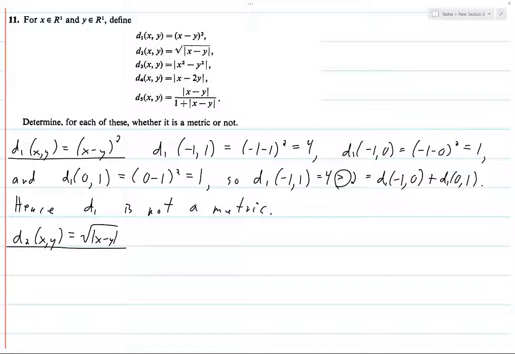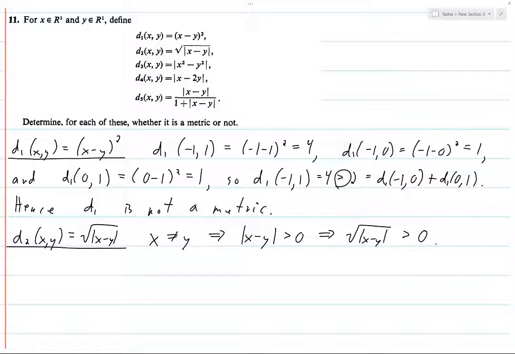If x is not equal to y, then the norm of x minus y is strictly greater than 0, which implies that the square root of the norm of x minus y is greater than 0. Okay, so that confirms the first part of the first requirement for being a metric.